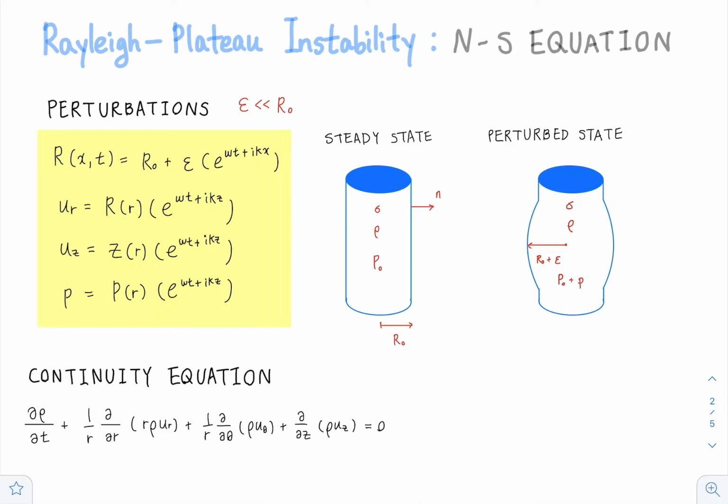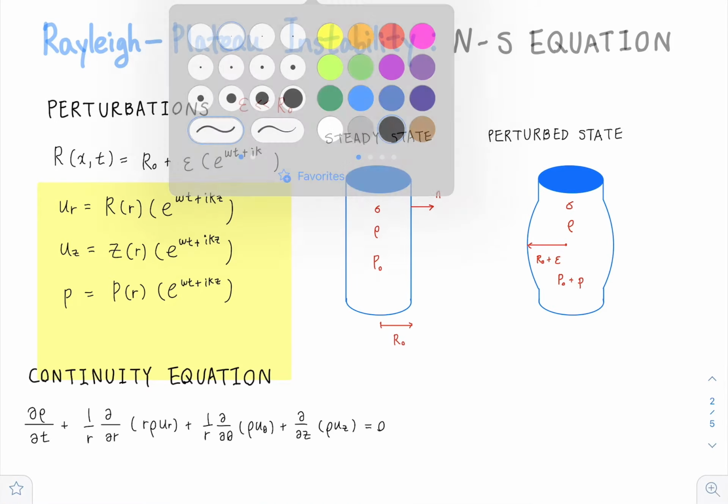Okay, so now let's look at how these perturbation functions will be written. We will first say that R is a function of R0 plus epsilon e to the omega t plus ikx. But in our case, we will be putting a slight change to our equation because this will actually be expressed in the z direction.